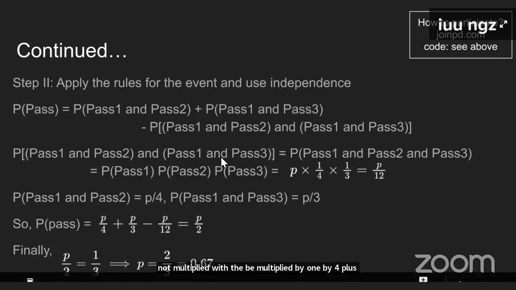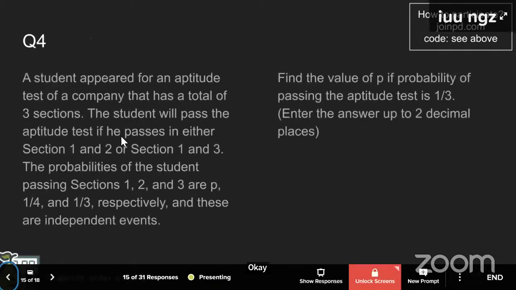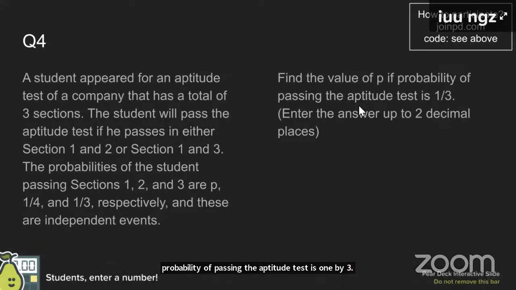We have done that. But look at the question carefully. The question asked, find the value of P if probability of passing the aptitude test is 1/3. So it is given to you that the probability that a student passes the aptitude test is 1/3.